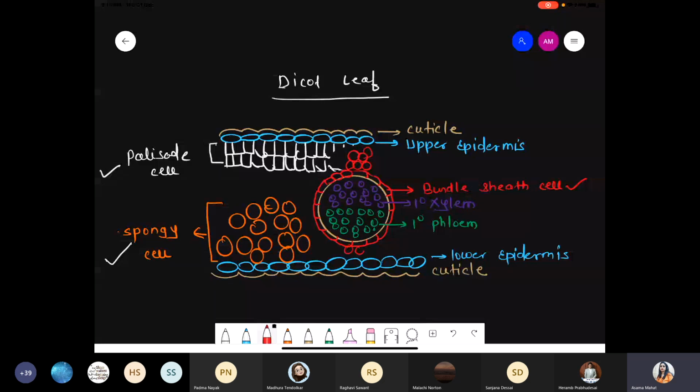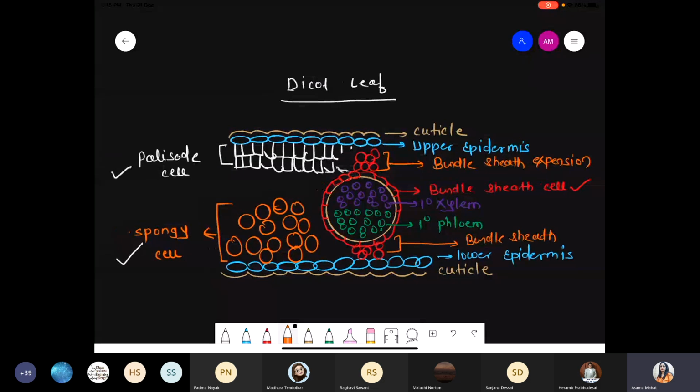Whatever we draw here is called the bundle sheath extension, toward the upper side as well as the lower side.